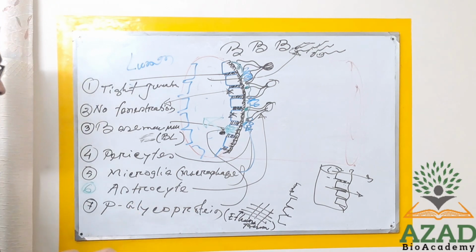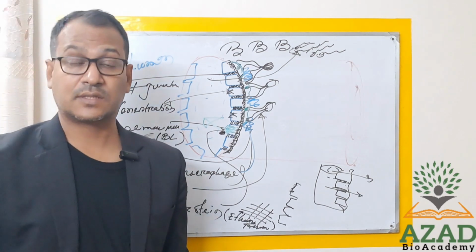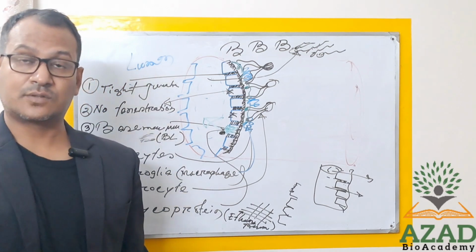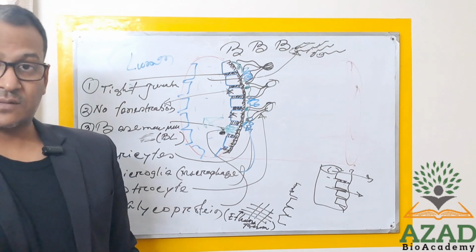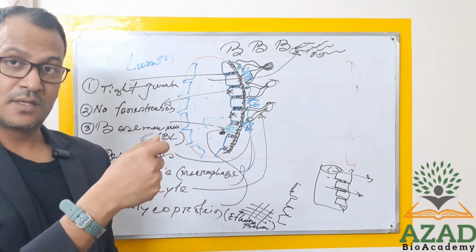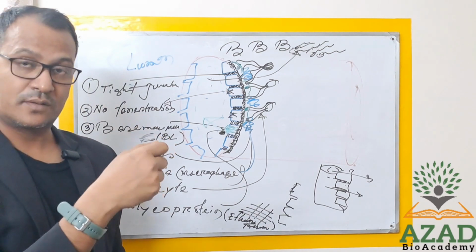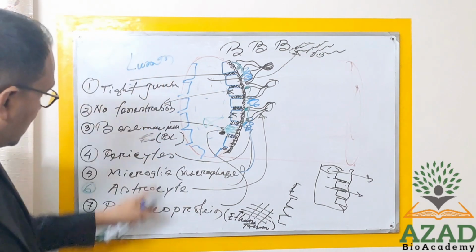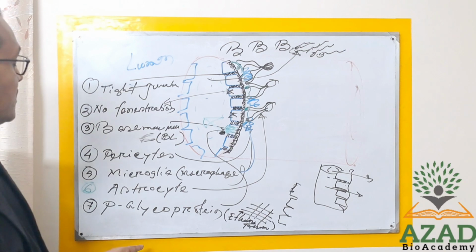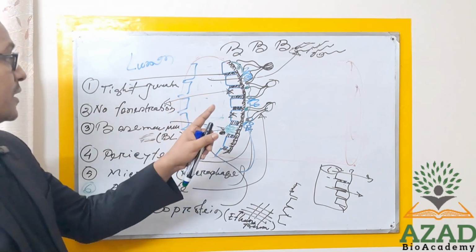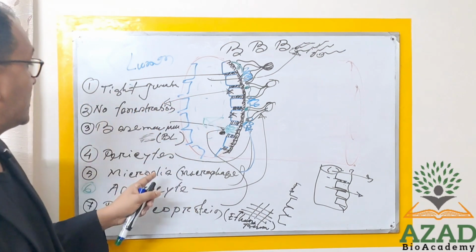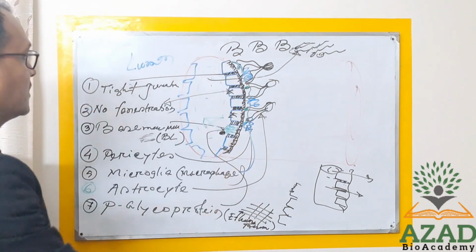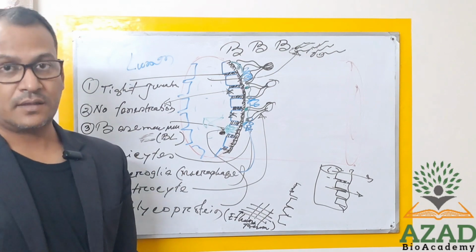And the last one is P glycoprotein, which is like a scavenger of unwanted substances, an efflux molecule that consumes energy, as I said. These are the components of the blood-brain barrier, and combined, you can say this is the blood-brain barrier.